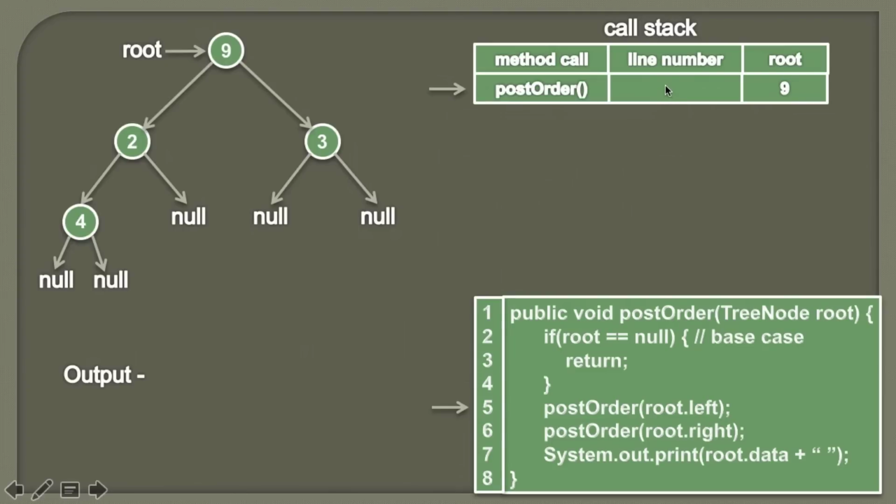So it would look something like this, that from line number 5 we are leaving this post order method, and we are again calling the post order method with a root as 2. So once this line gets executed, we know that post order method will be called again, and this time this post order method will be called with the root as 2. So therefore the line of execution reaches the post order method again, and we know that root will now point to the node 2.